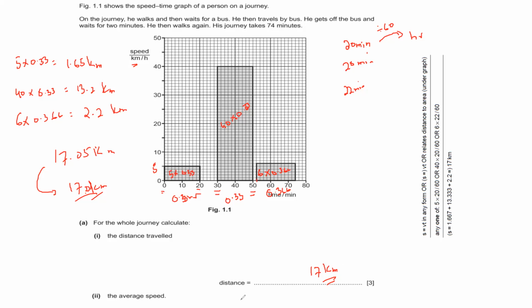The next part, they're asking for the average speed. So what is the average speed? Average speed is the total distance divided by total time. So average speed is equal to total distance divided by total time.